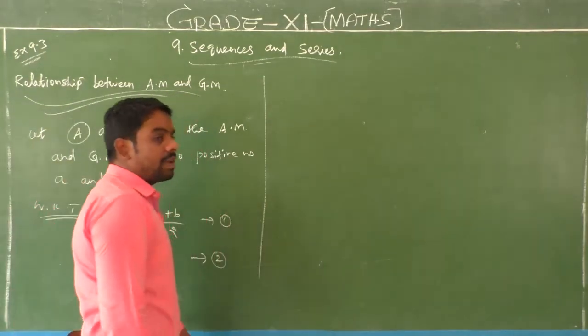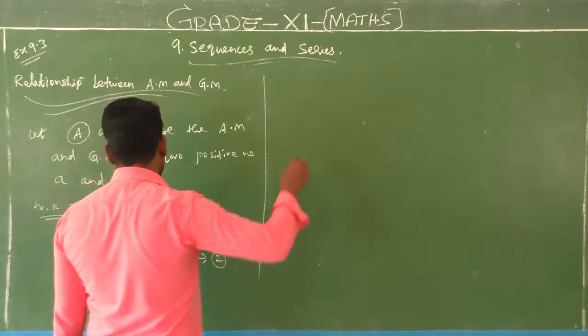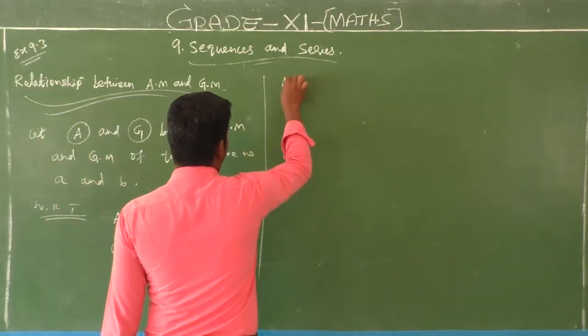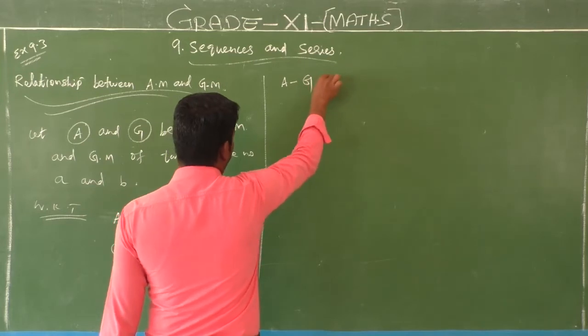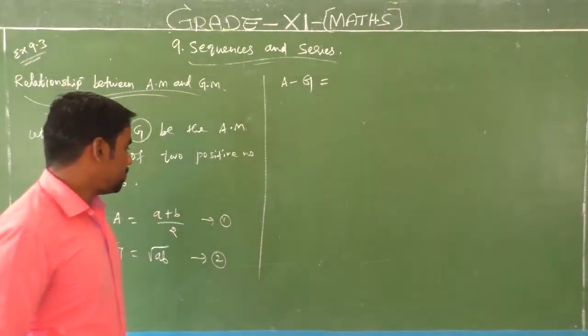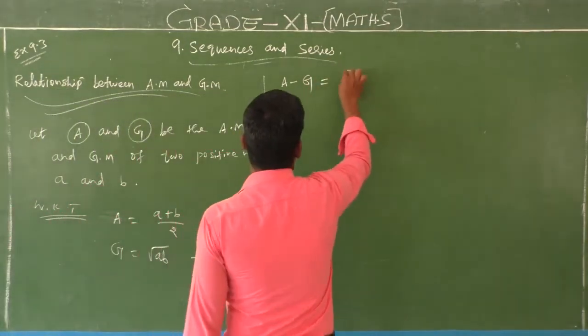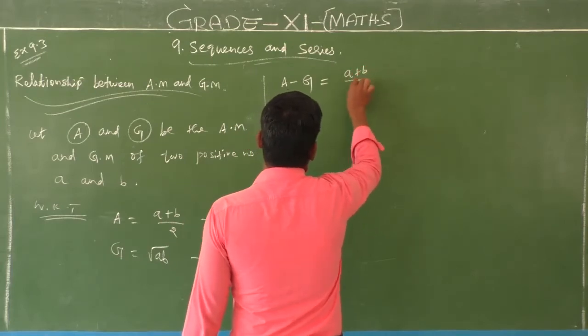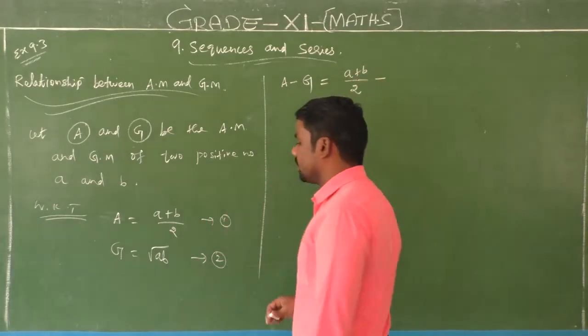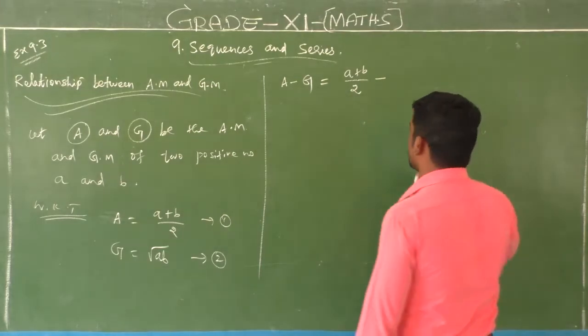Equation number 2 is subtracted from equation number 1. That is A minus G is equal to a plus b divided by 2 minus the geometric mean G, which is root of ab.